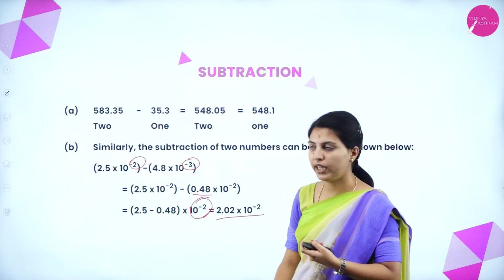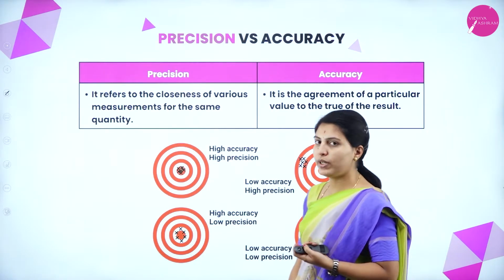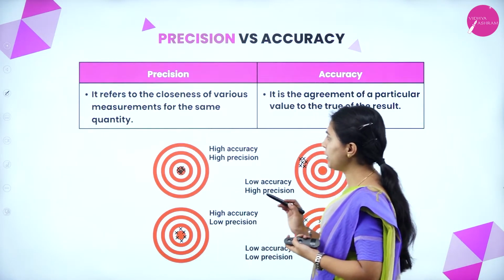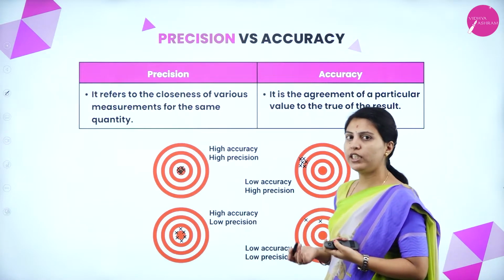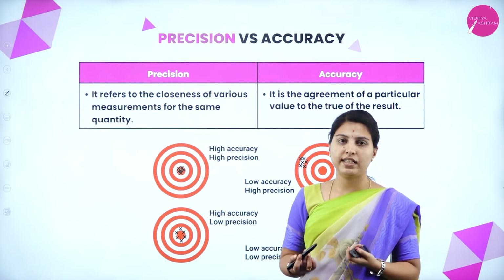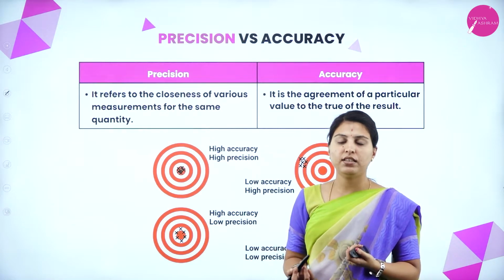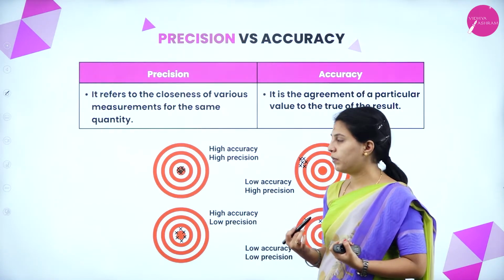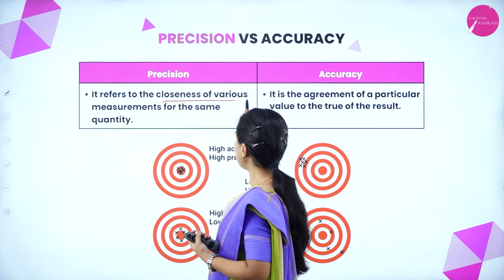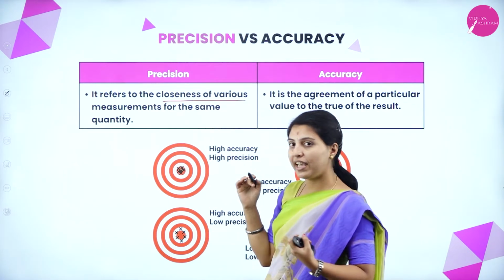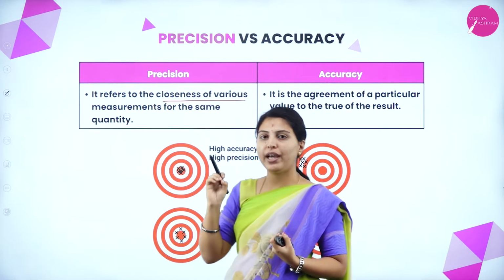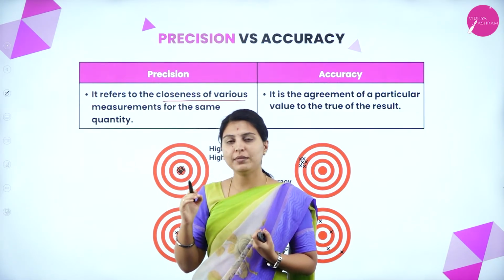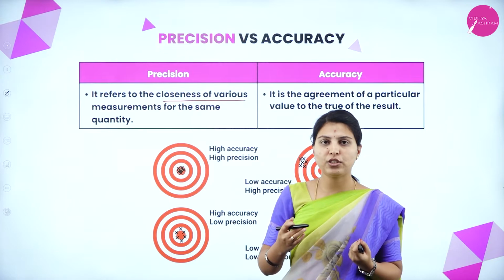That's all. Okay. Next is precision versus accuracy. What is precision and accuracy? I have already told, whatever result you get, sometimes it will be precise or sometimes it will be accurate. Then what are the terms? Precision refers to the closeness of various measurements for the same quantity. Okay. If you have aimed for something, all the measurements are towards one side.